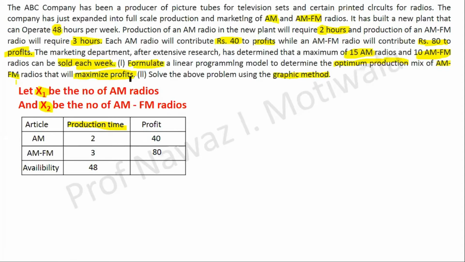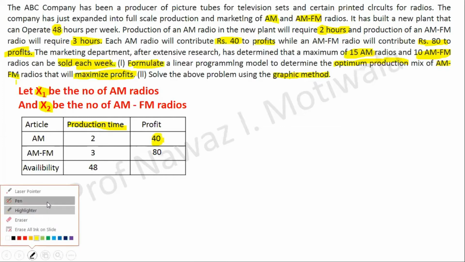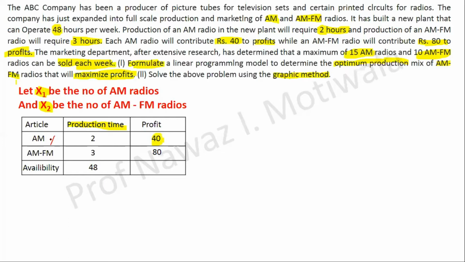As it is said in the question, we have to maximize the profit, and the profit given by one AM article is rupees 40. We have also assumed that the number of AM radios will be X1. So the total profit by AM radios will be 40x1. Similarly, for AM/FM radios, we have assumed that the number is X2, and the profit by one AM/FM radio is 80.